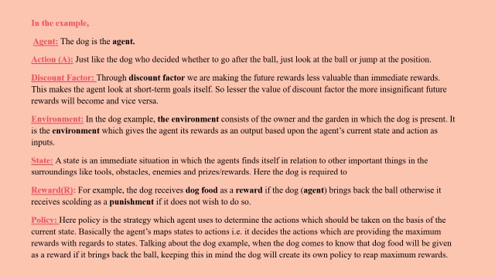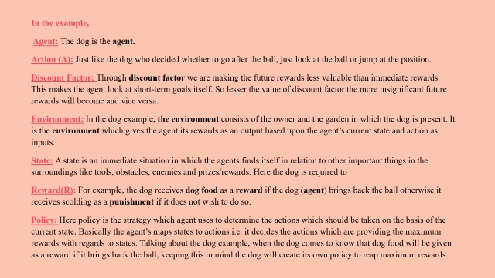Reward. For example, the dog receives dog food as a reward if the dog, that is agent, brings back the ball, otherwise it receives scolding as a punishment. Policy. Here, policy is the strategy which agent uses to determine the actions which should be taken on the basis of the current state.